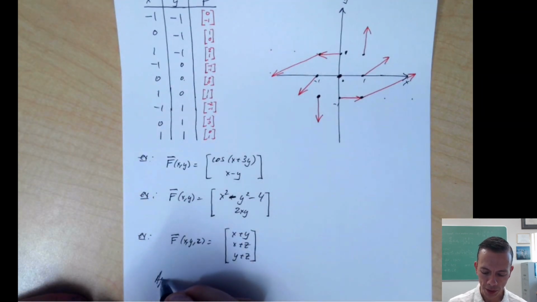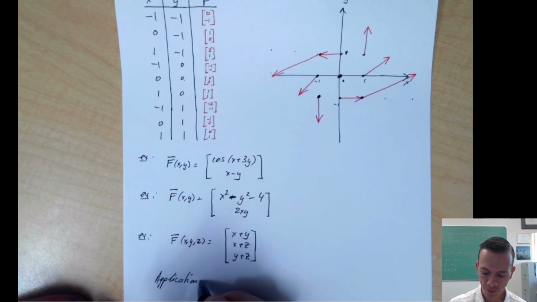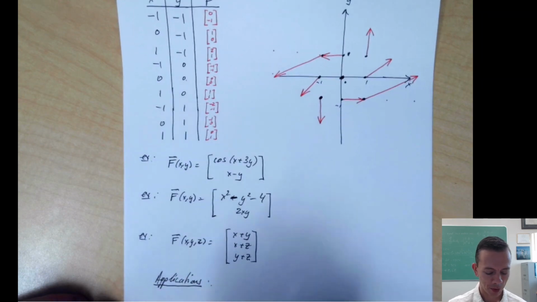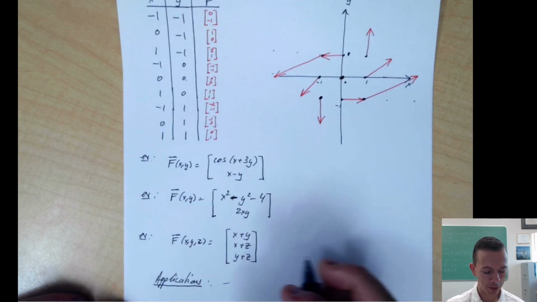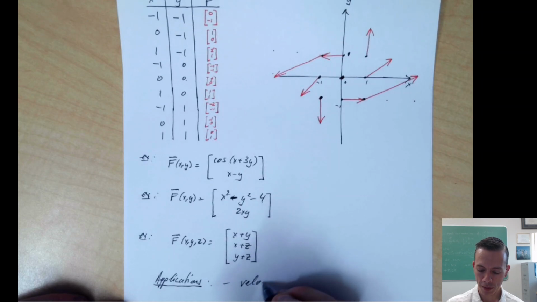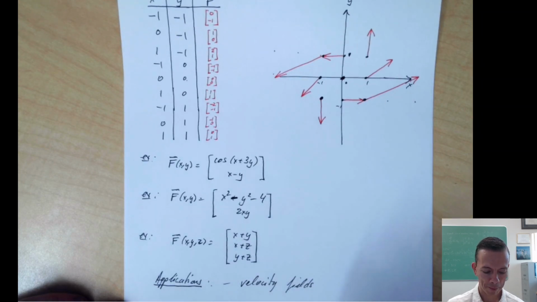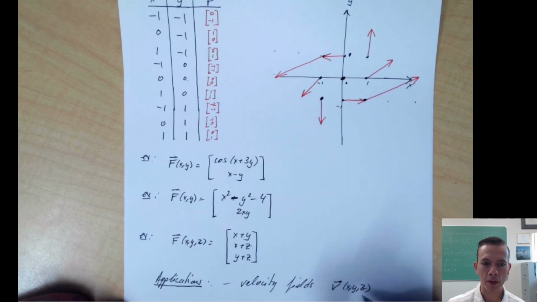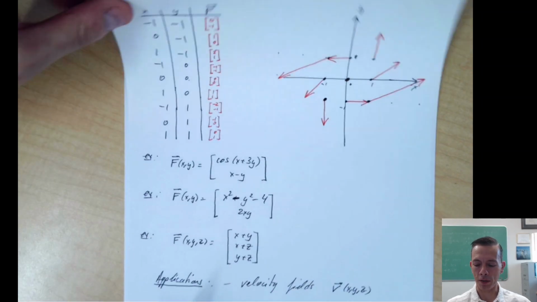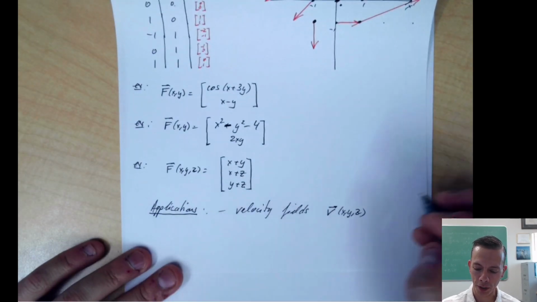So as I mentioned, you have several applications, especially in physics. You have force fields or velocity fields. V of x, y, z, where you can have a velocity field of, say, air or water.